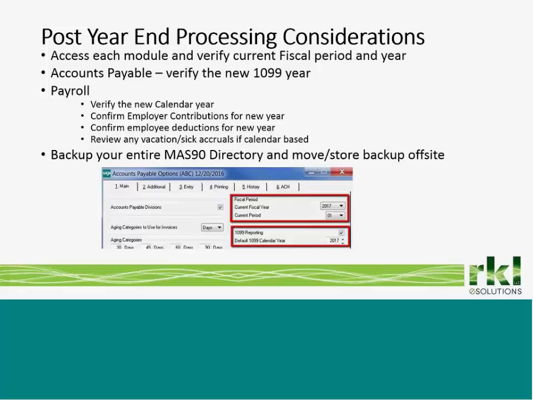You also want to maybe take a look at your vacation and sick accruals in case those are based on the calendar year. Year end is also a great time to make a backup of your entire Mas 90 directory. Mark it as year ending December 31st, 2016, and put that in an off-site place and have that be a backup that is not going to get overwritten.